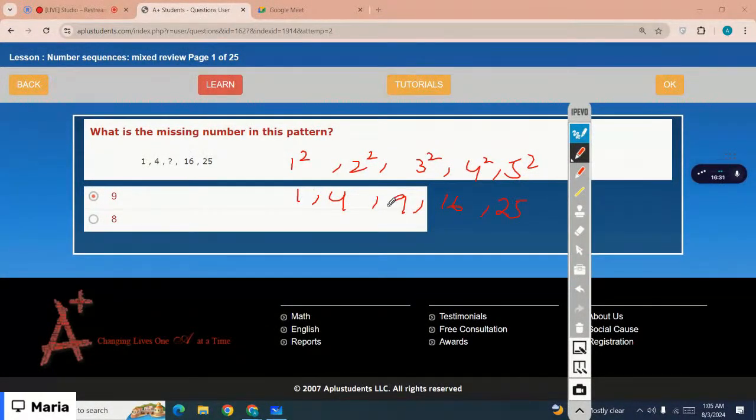So basically, the missing number is 9. The correct option is 9, right?